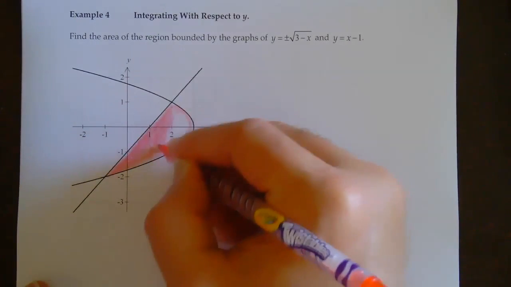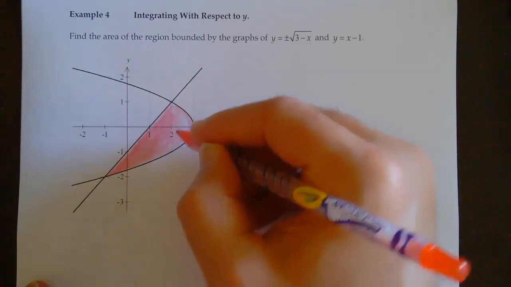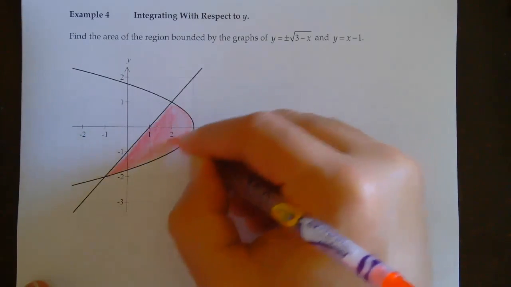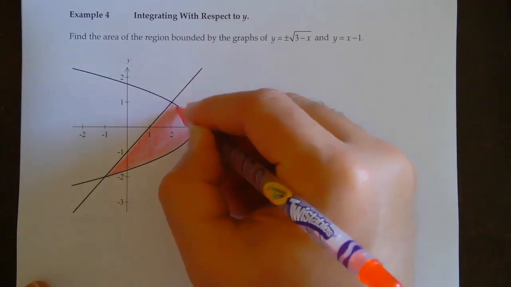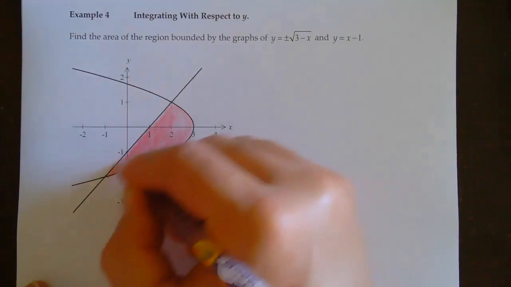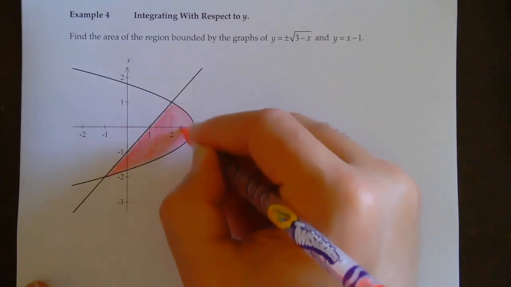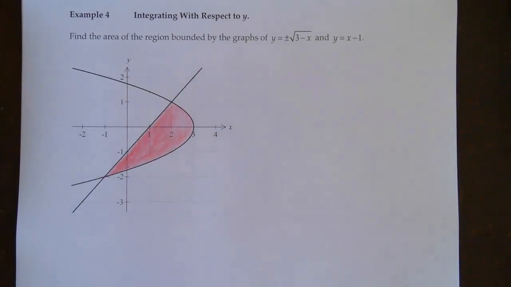And we're going to want to integrate with respect to y. Okay, and I'm going to explain why. And I think that's the hard part. The integration is not going to be hard at all. Okay, and solving these intersection points, that's not going to be hard either. Okay, but it's understanding this.